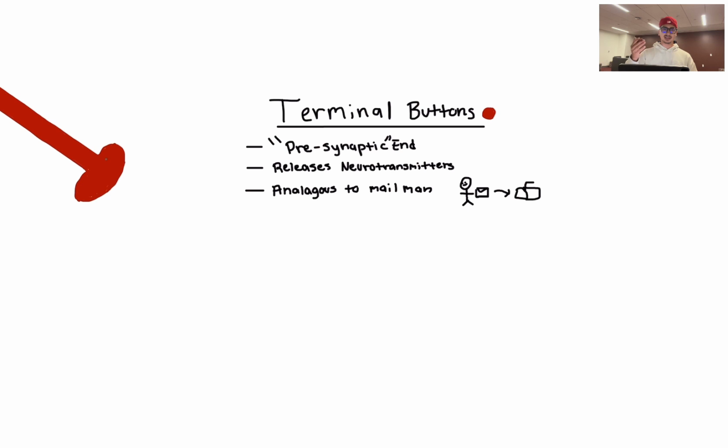It's releasing the neurotransmitter. And this is very analogous to a mailman, right? He's going to deliver the message and put it in your mailbox. And this mailbox can be a receptor on a dendrite, right? So I'm the mailman, which means I'm the terminal button, and I'm going to deliver this message and put it in your mailbox.